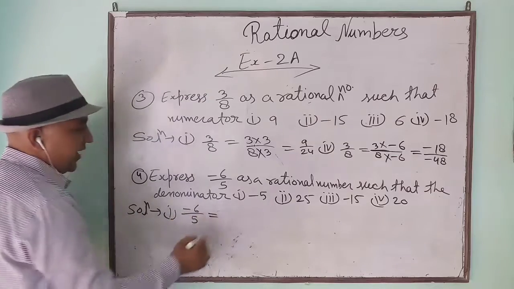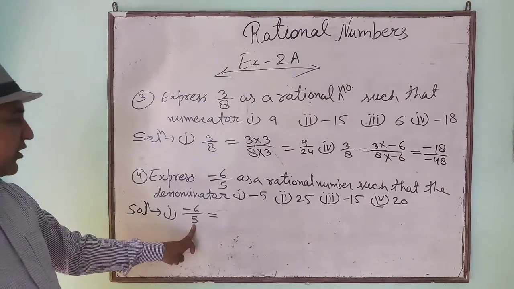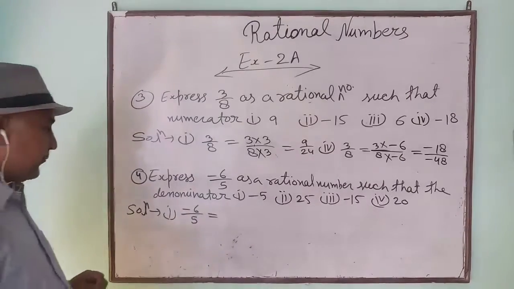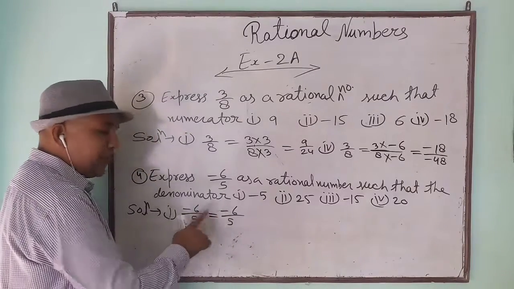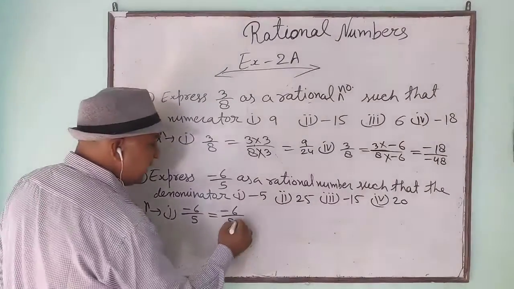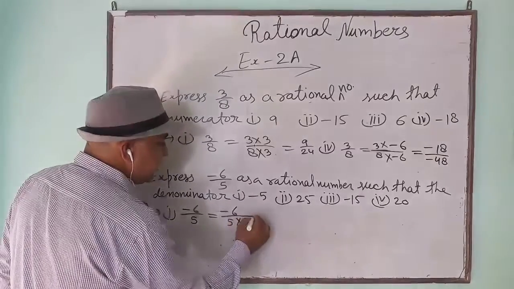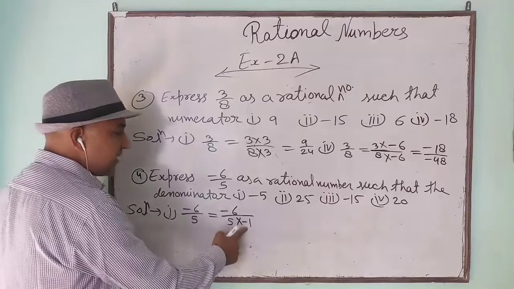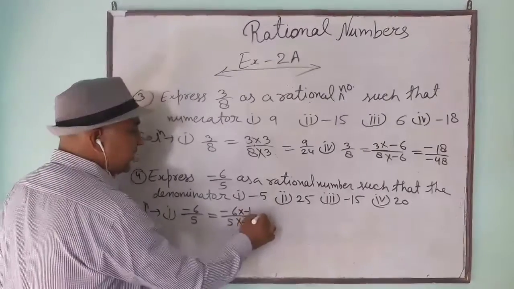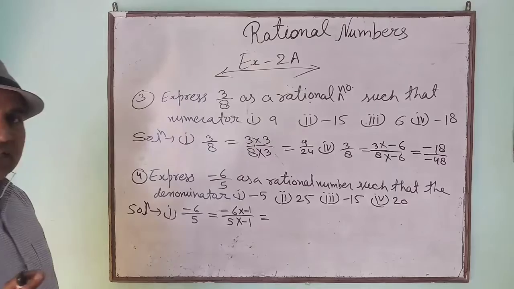Minus 6 upon 5. We have to change our denominator into minus 5. Just think children, if we have to make 5 minus 5, then it will be multiplied with minus 1. 5 into minus 1 will become minus 5. So same minus 1 will be multiplied with numerator also. Understood this or not?